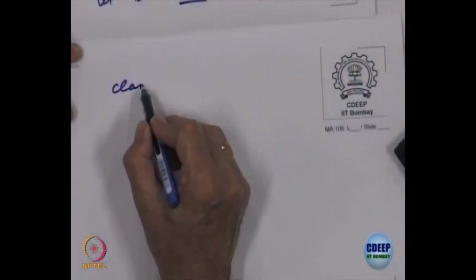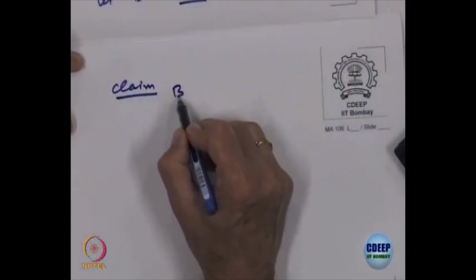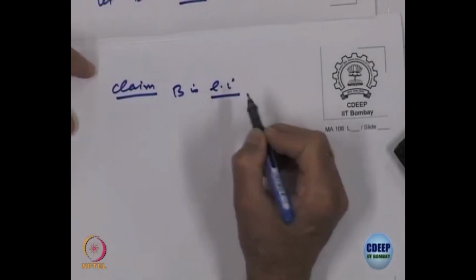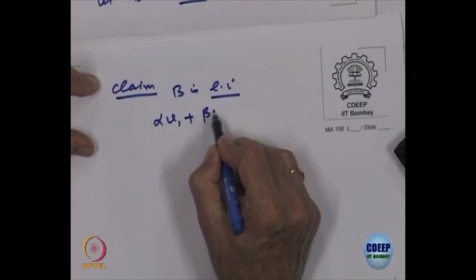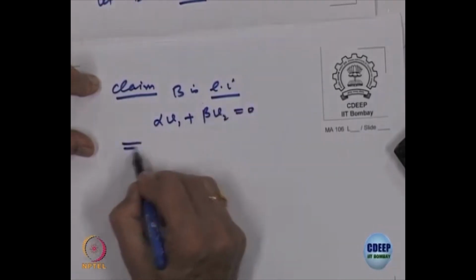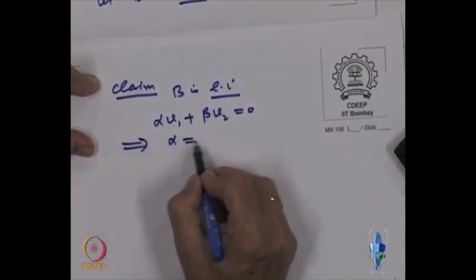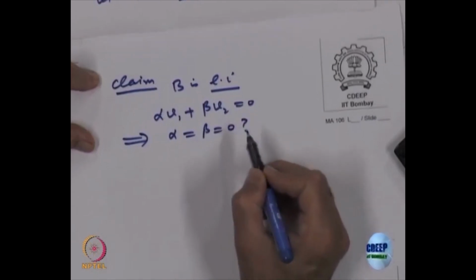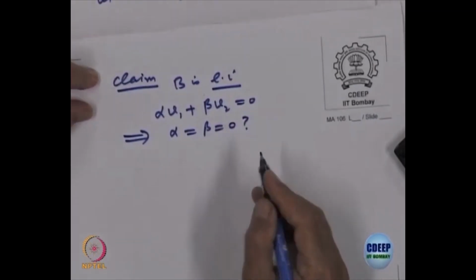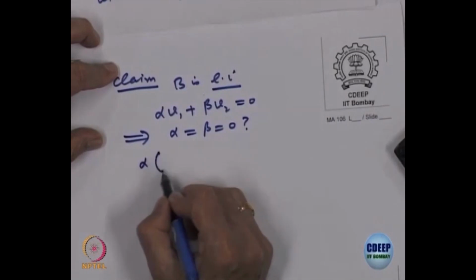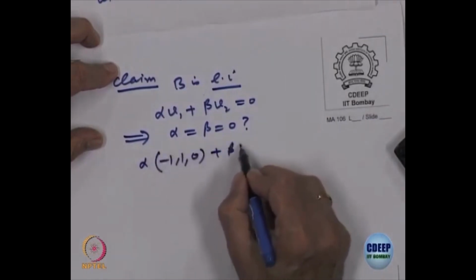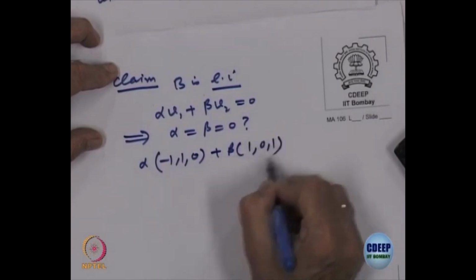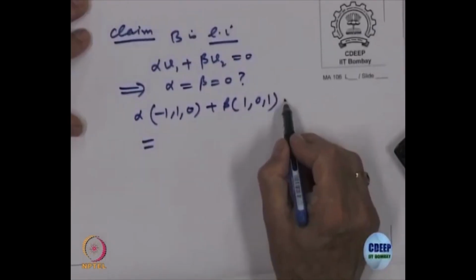Claim: B is linearly independent. What does that mean? Alpha V1 plus beta V2 equal to 0 should imply alpha equal to beta equal to 0. So, alpha times (minus 1, 1, 0) plus beta times (1, 0, 1) is equal to 0.